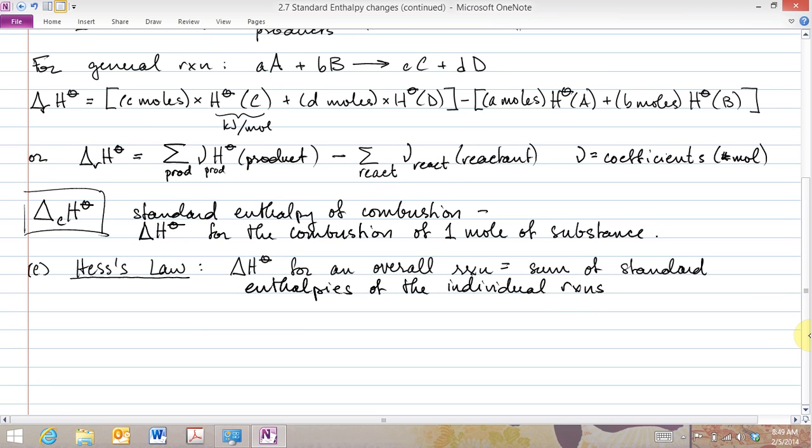An excellent example is example 2.5 of how this works.